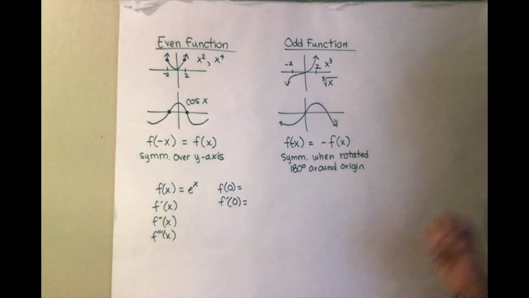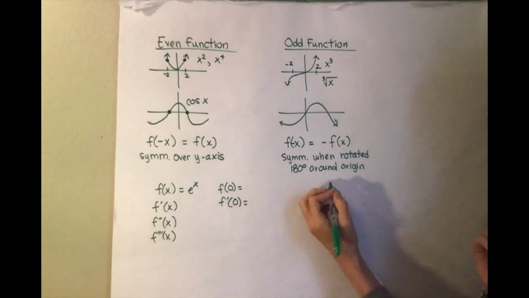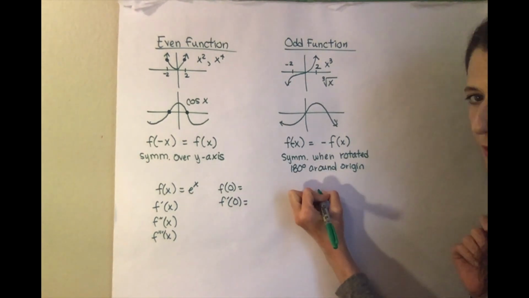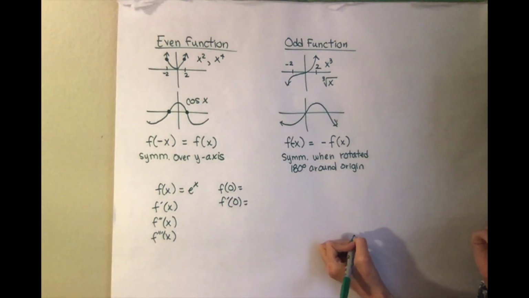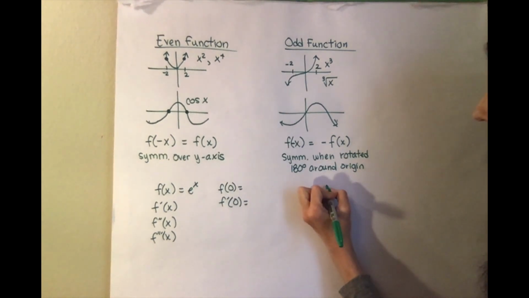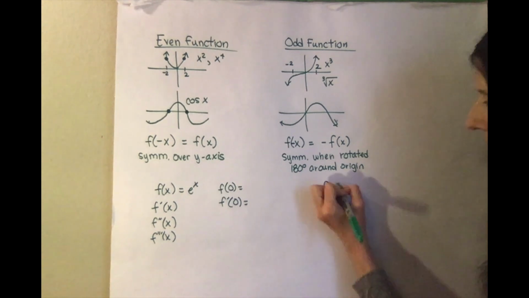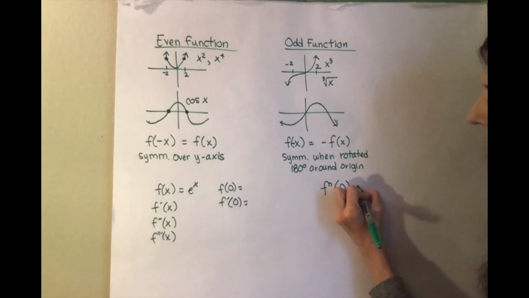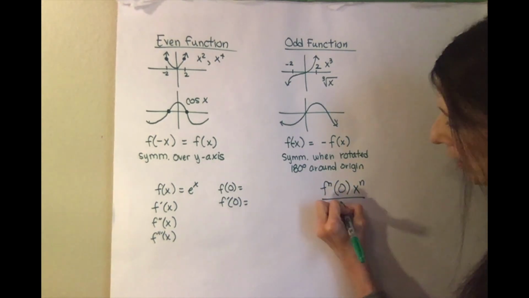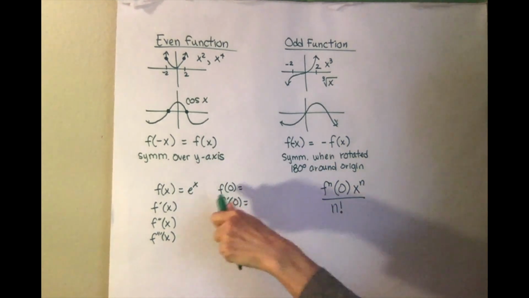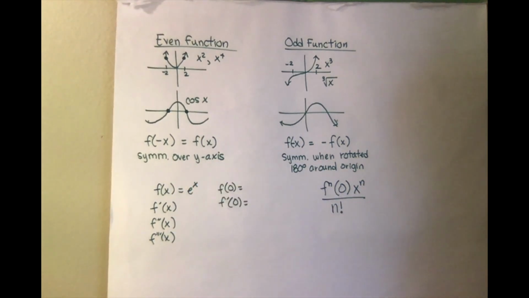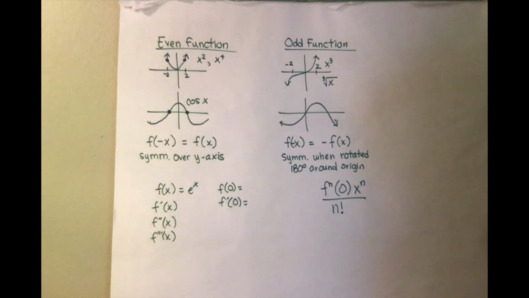And then what's our general term for the Maclaurin series? Let's see if you can remember. Jot it down, see if you remember. The nth derivative of f evaluated at 0, x to the n over n factorial. So I want you to formulate the Maclaurin series for e to the x, including the general term.